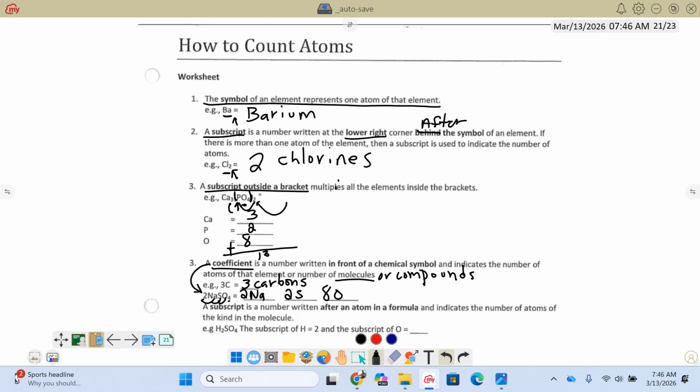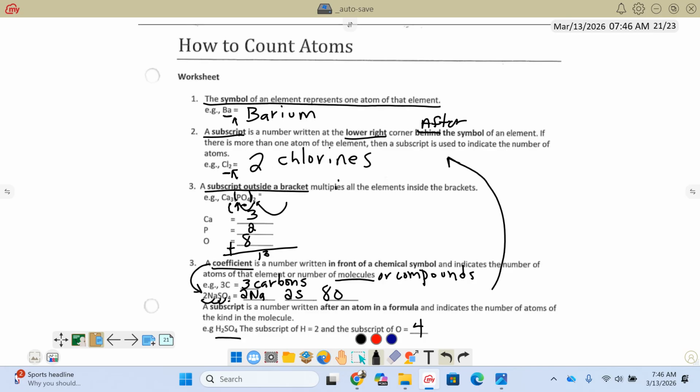Looking again at subscript, a subscript is a number written after an atom in a formula, as we talked about before. It indicates the number of atoms in the molecule. Down here we have hydrogen sulfide. The subscript of H is 2 because we have a 2 there, and the subscript of oxygen is just a 4.